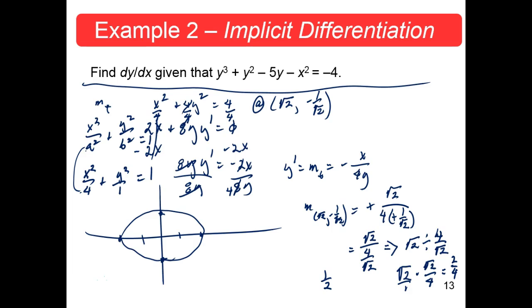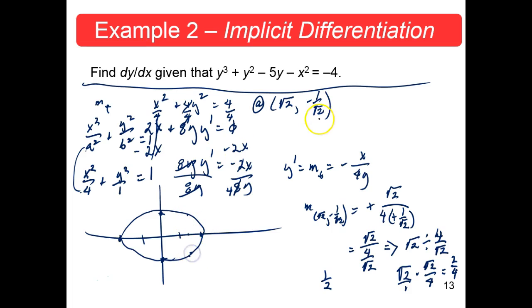Now, where in the world is root 2? Approximately, what is root 2? Punch it in your calculator. See what you get. 1.414, right? All right, good. So you're either up here or you're down here.